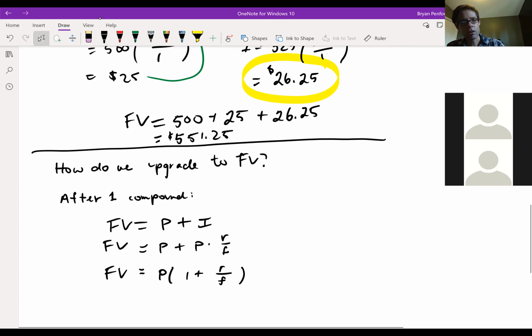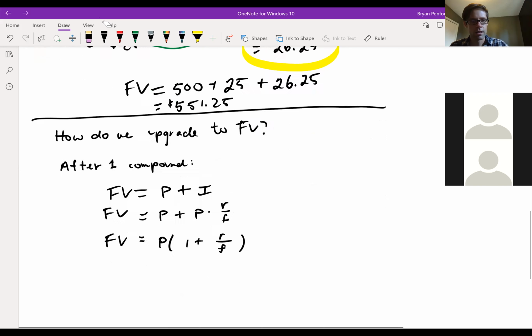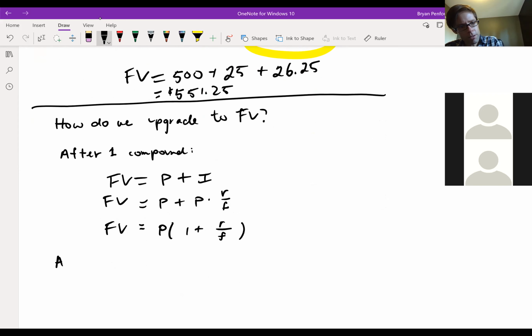And what we saw in our last example was as soon as I have this future value, I think about it as the new principal amount, the new investing amount. So after two compounds, we argue that this becomes our new P, essentially.